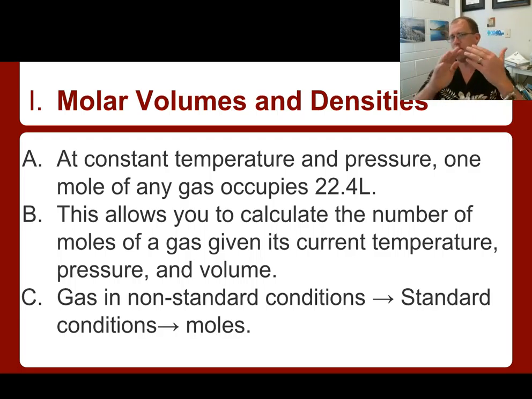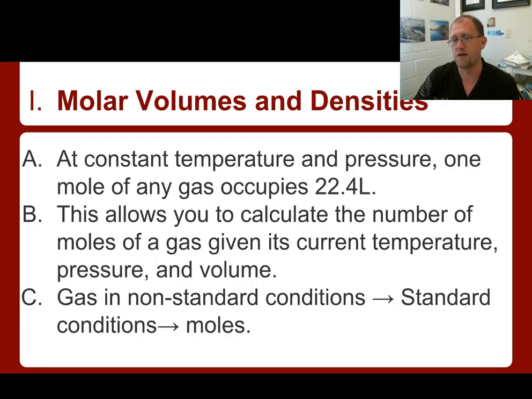Most of it is just space for the things to travel around. And so the actual molecule size matters not at all. The gas takes up as much room as it does based on how many moles of gas particles there are and the amount of kinetic energy present, which is determined by temperature and things like that. So this allows you to calculate the number of moles of a gas at its current temperature, pressure, and volume.